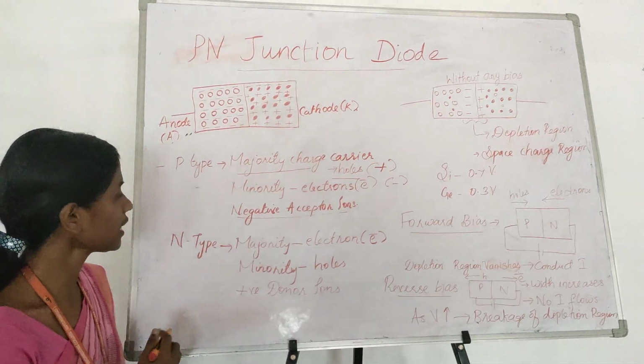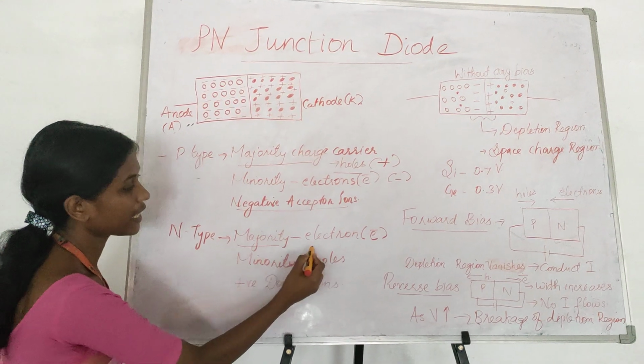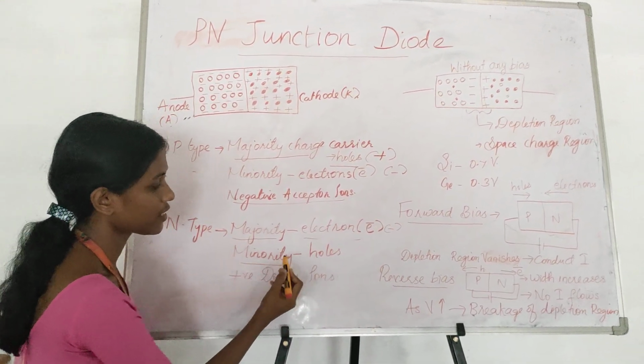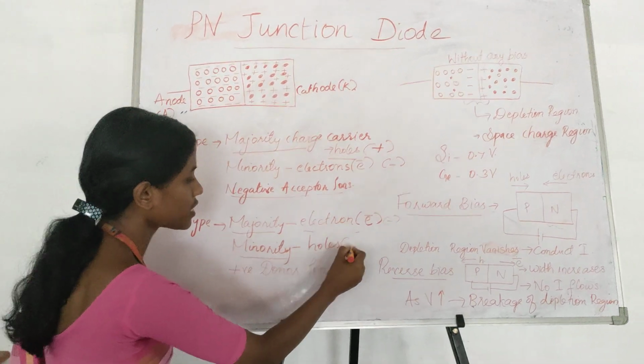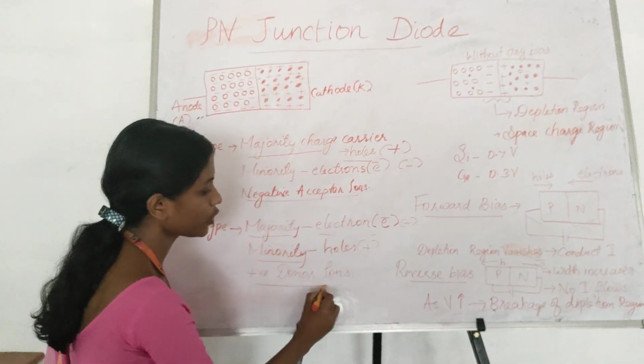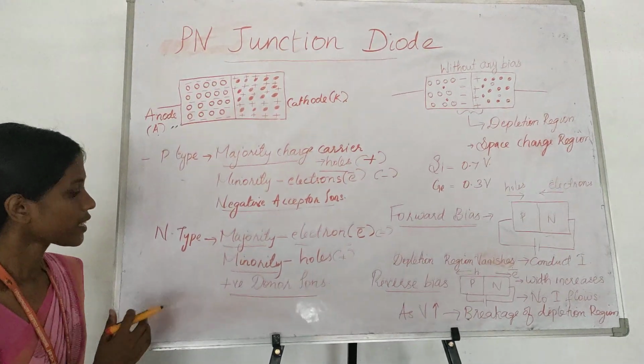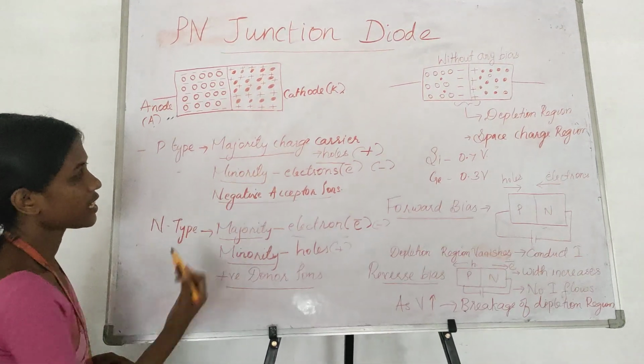Moving to N-type material, the majority charge carriers will be electrons, which have negative charge, and the minority charge carriers are holes, which have positive charge, and positive donor ions will also be present in the N-type material. Next, why are the minority charge carriers present?